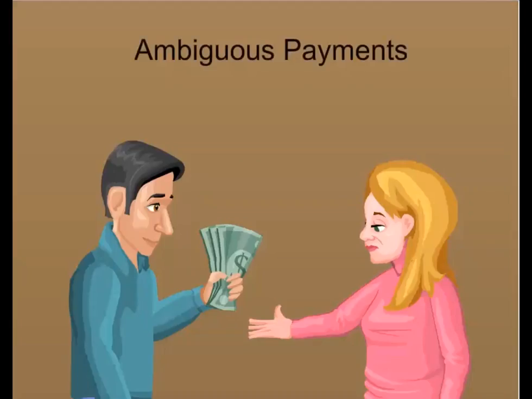Ambiguous payments. If payments are being made that could be either alimony or child support, the law deems that child support. The payments will be considered child support up to the required amount before any alimony is paid.